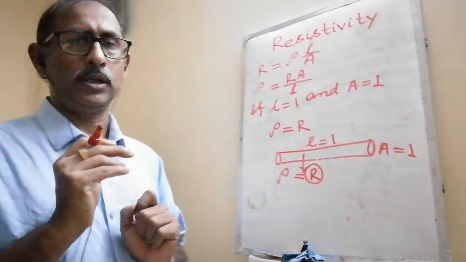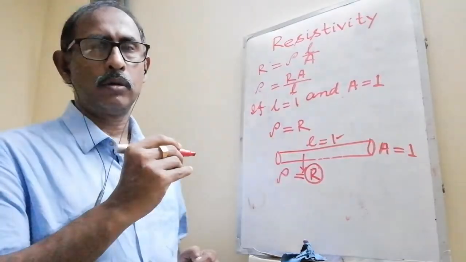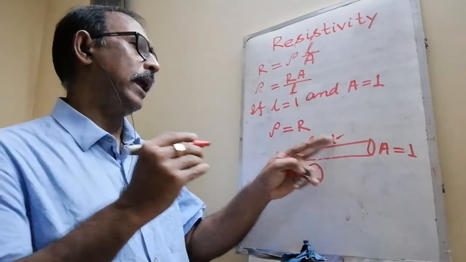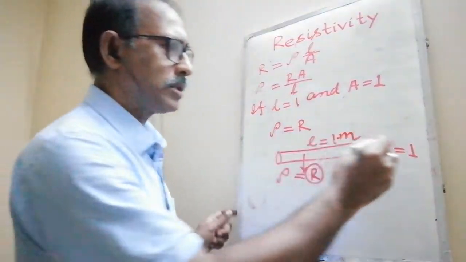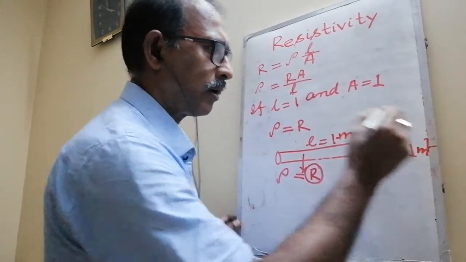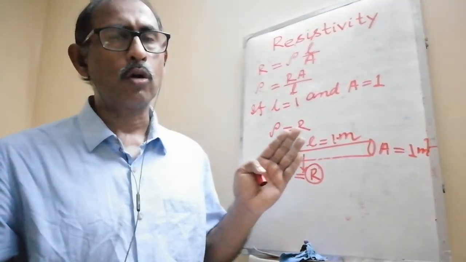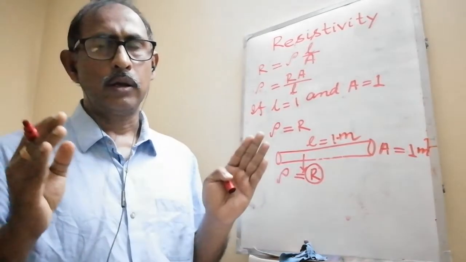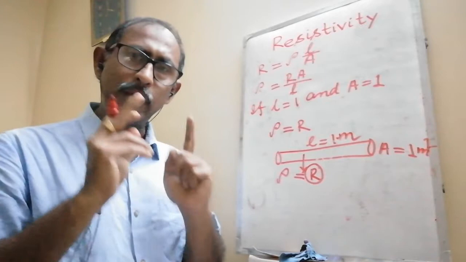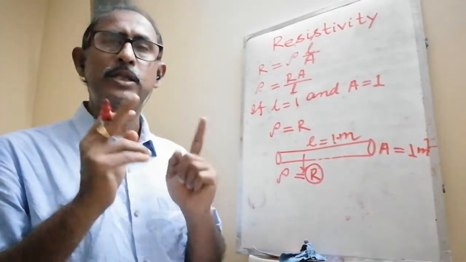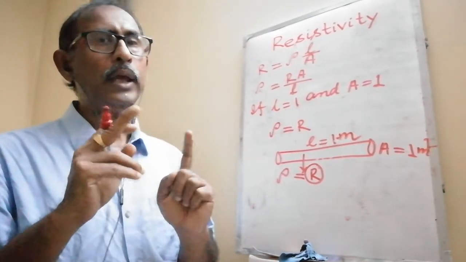Now, what do you mean by unit length? In the SI system, unit length means 1 meter, and unit cross section means 1 meter square. So if you take a 1 meter long conductor whose cross section is 1 meter square, then the resistance of that conductor is taken as the resistivity of its material in the SI system.